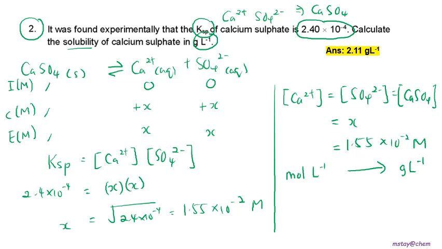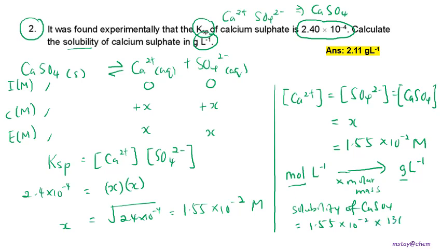So the relationship between mole and the gram is we are going to multiply with the molar mass. So in this case, the solubility of calcium sulfate in gram per liter will equal 1.55 exponent negative 2 multiplied by its molar mass, which is around 136.2. Press calculator, you will get the final answer is 2.11 gram per liter.